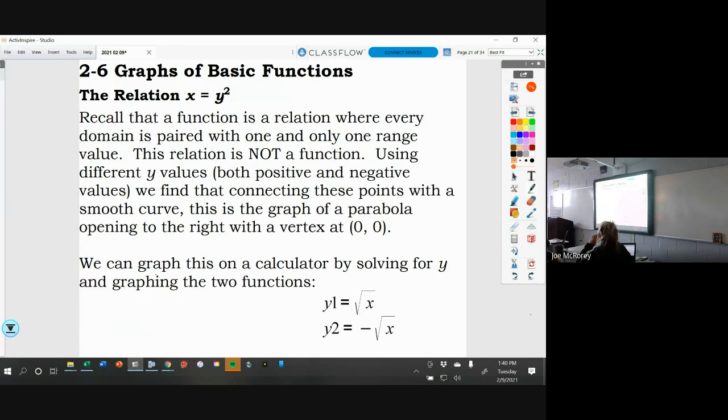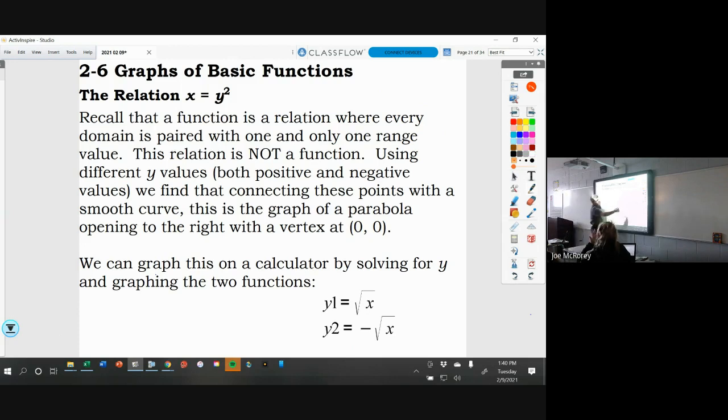This relation, x equals y squared, is not a function. Using different y values, both positive and negative, we find that connecting these points with a smooth curve, this is the graph of a parabola opening to the right with a vertex at 0, 0.